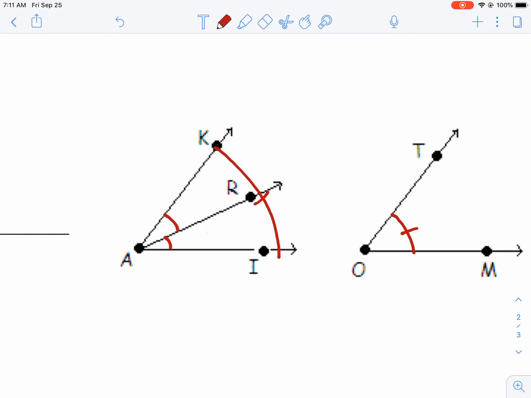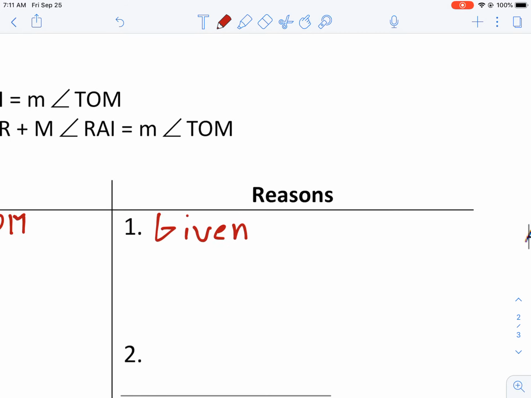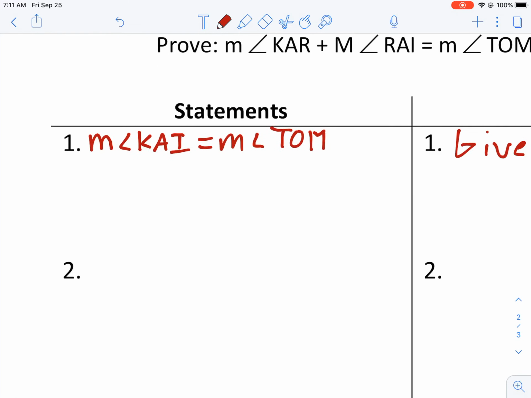So let's use the angle addition postulate for this angle on the left. The measure of angle KAR plus the measure of angle RAI equals the measure of angle KAI.